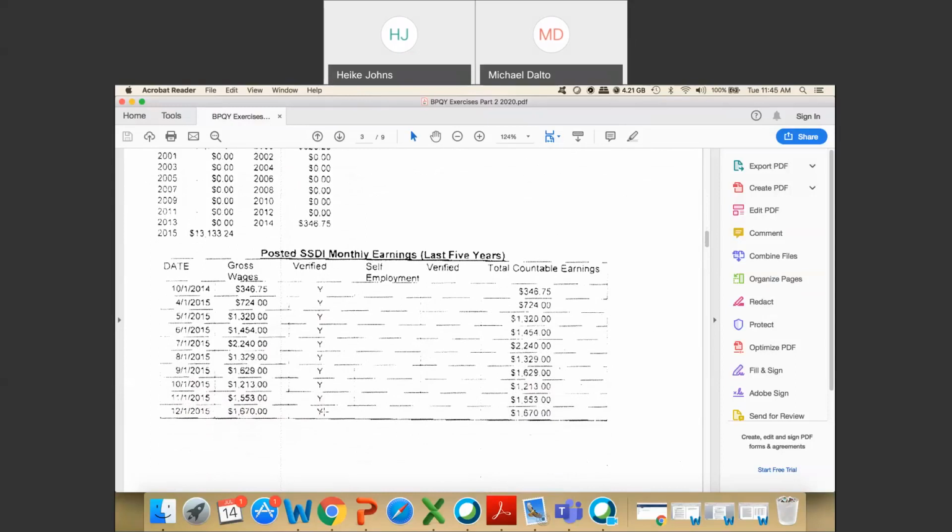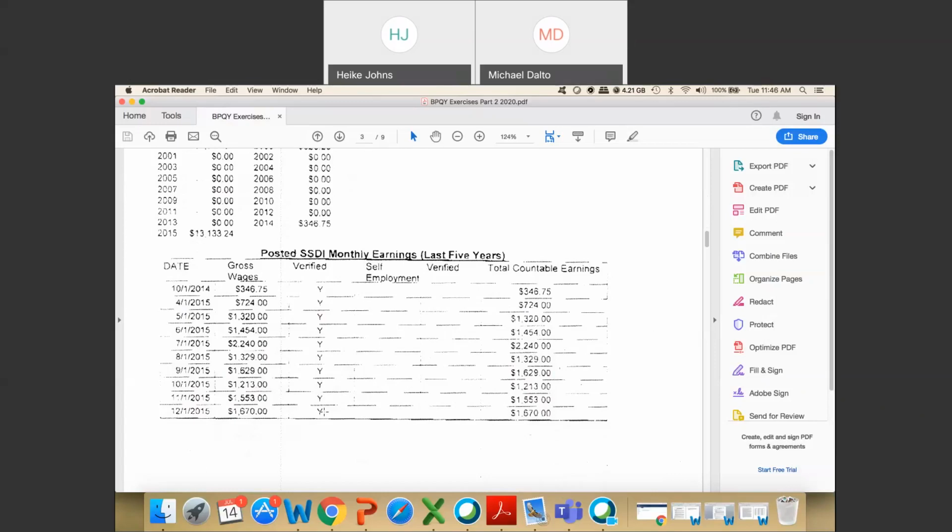Next, step 2. Instructions say, of those dates, which is the most recent? The date of entitlement, which was October 2000, the date of the trial work period start or end date, which was May 2015, the month of cessation, which was not relevant for this person, or the last month and year on the posted SSDI monthly earnings that includes a Y, and that was December 2015.